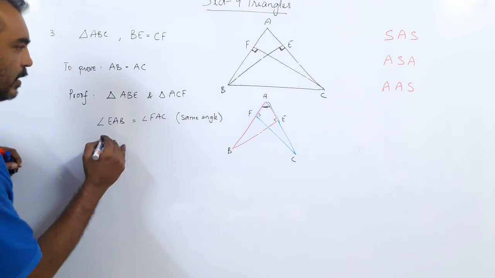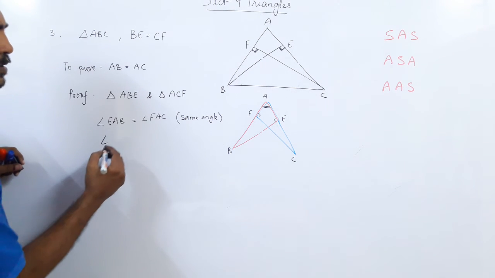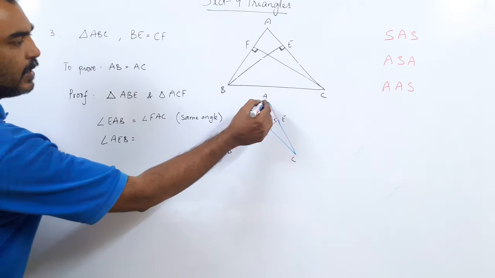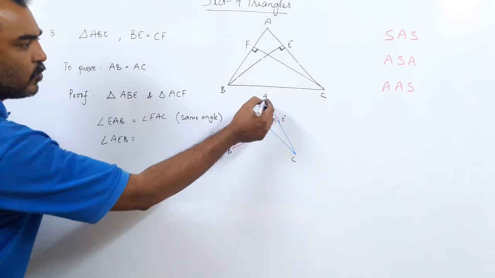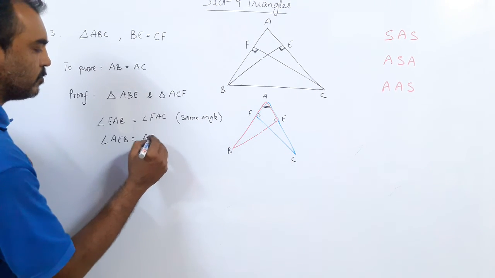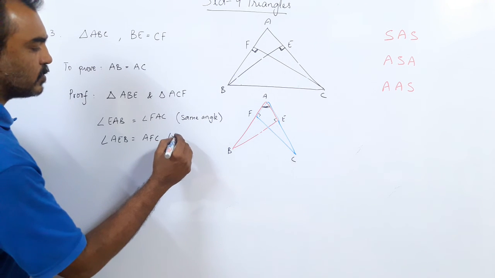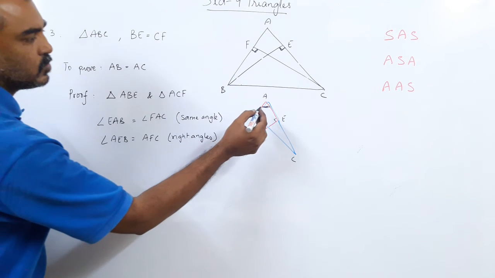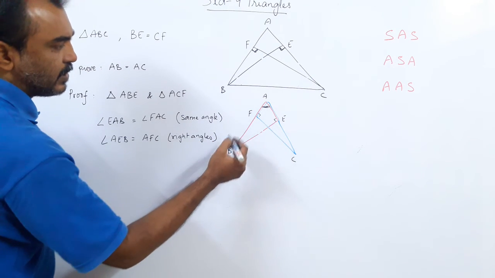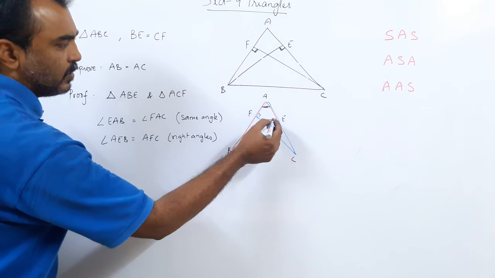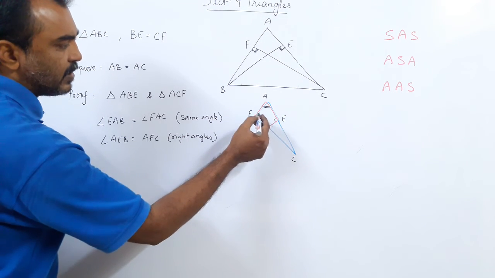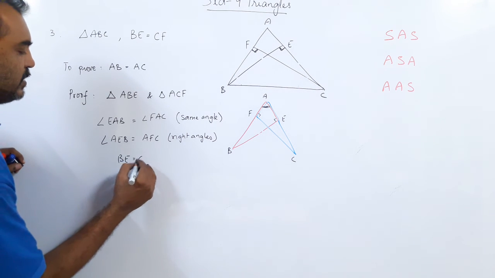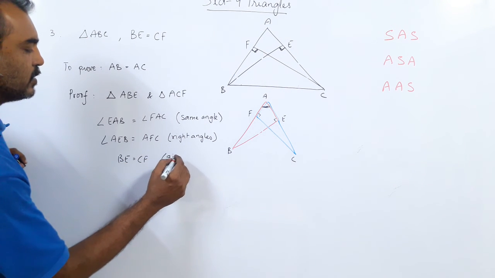Then angle AEB of the red triangle equal to angle AFC of the blue triangle, because they both are right angles. So this angle is equal in the red triangle and the blue triangle. This is the right angle of the red triangle, right angle of the blue triangle, and BE equal to CF, which is given to us.